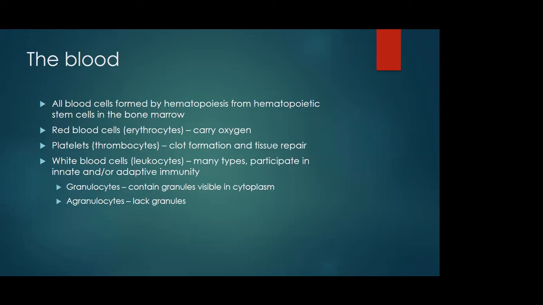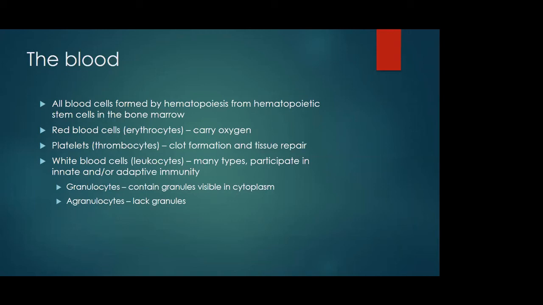Our platelets or thrombocytes help form clots and tissue repair. Our white blood cells, our leukocytes, are our innate and adaptive immune responses. And in this chapter, we're going to focus on the innate side. And the next chapter, we'll focus on the adaptive side, okay?